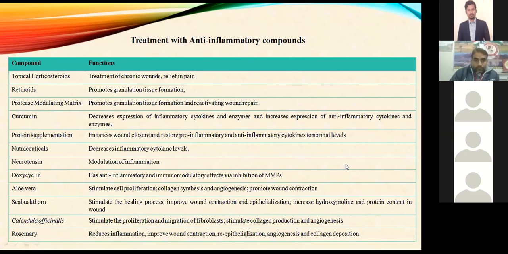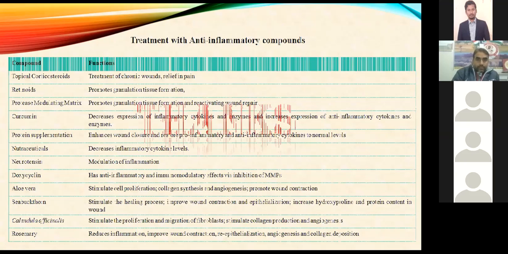And there is more research going on in this field. Maybe one day we can get the best wound healing agent for healing all the wounds like diabetic ulcers and other radiation dermatitis and normal bacterial contaminated wounds, etc. And that's all. Thank you.